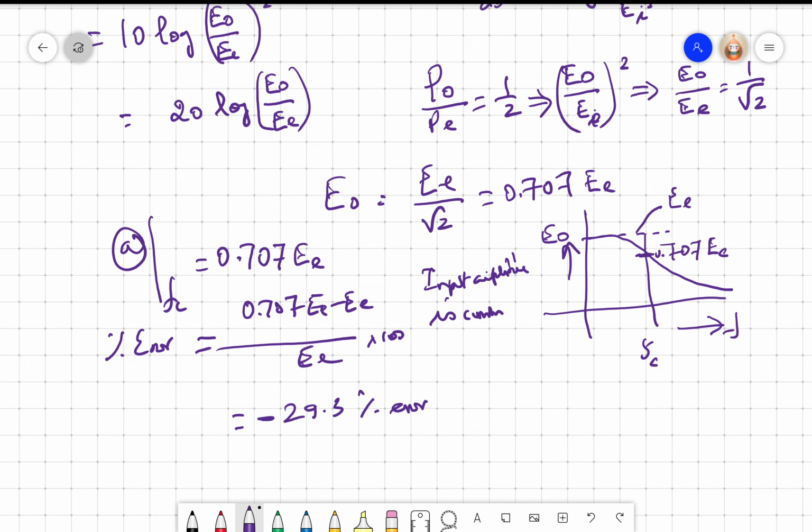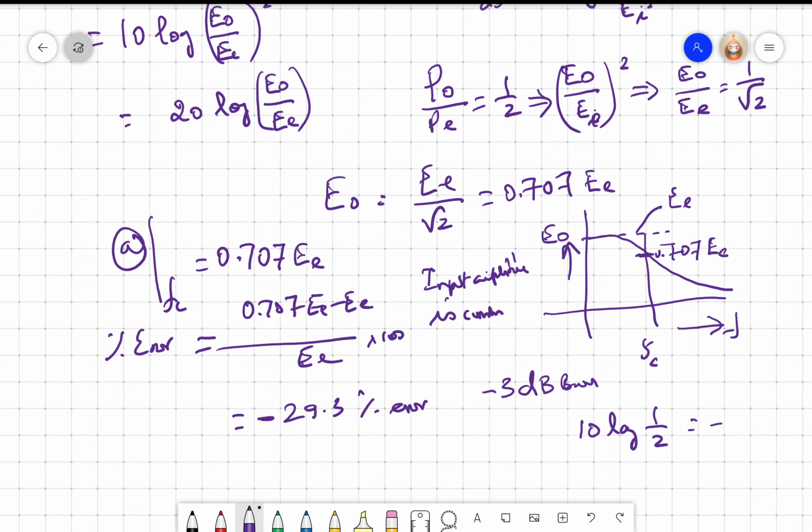And of course, we don't want such large errors in our transducers. So when it comes to a transducer, the half power bandwidth, sometimes we also call this the minus 3 dB bandwidth, right? So when I have half power, this is 10 log P naught by Pi is half, right?